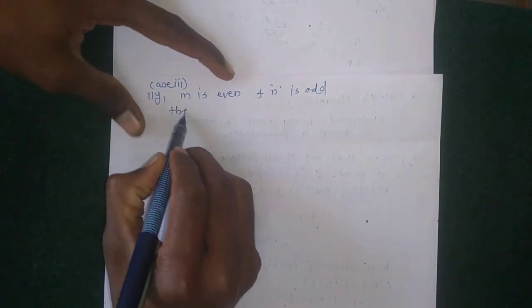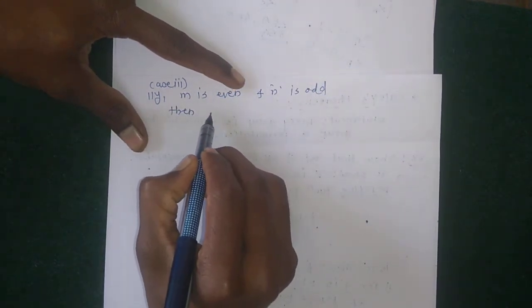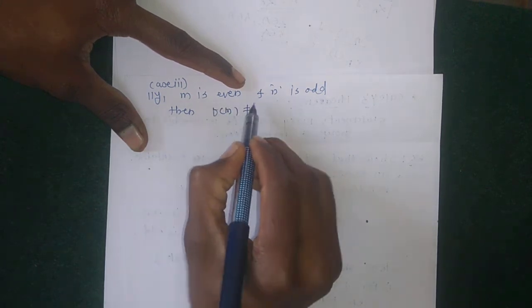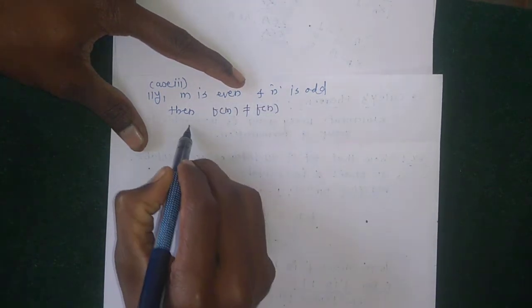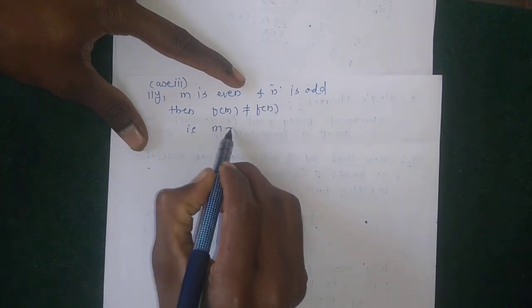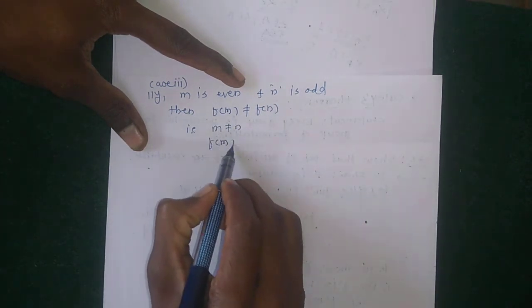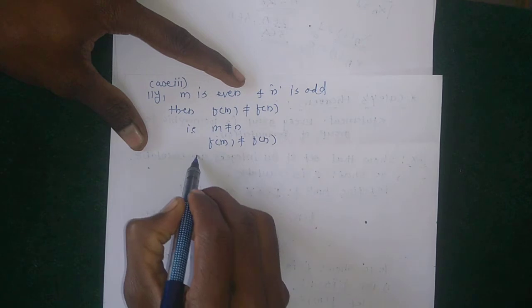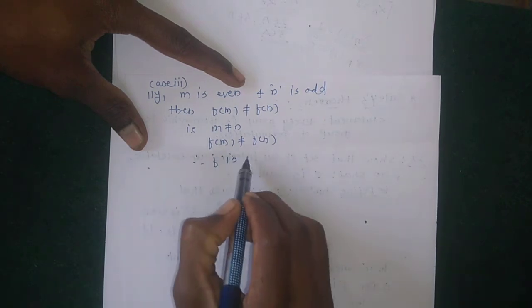Then f of m is also not equal to f of n. That is, if m is not equal to n, then f of m is also not equal to f of n. Therefore f is one-one.